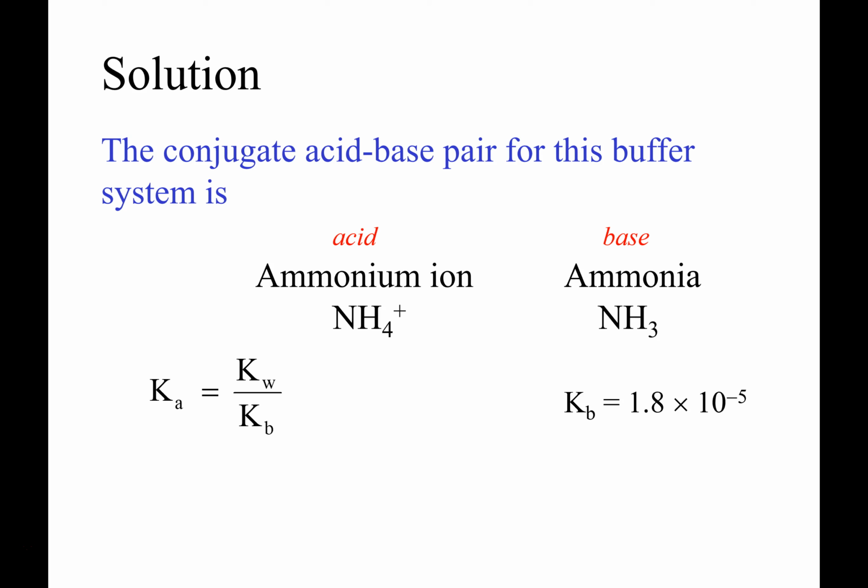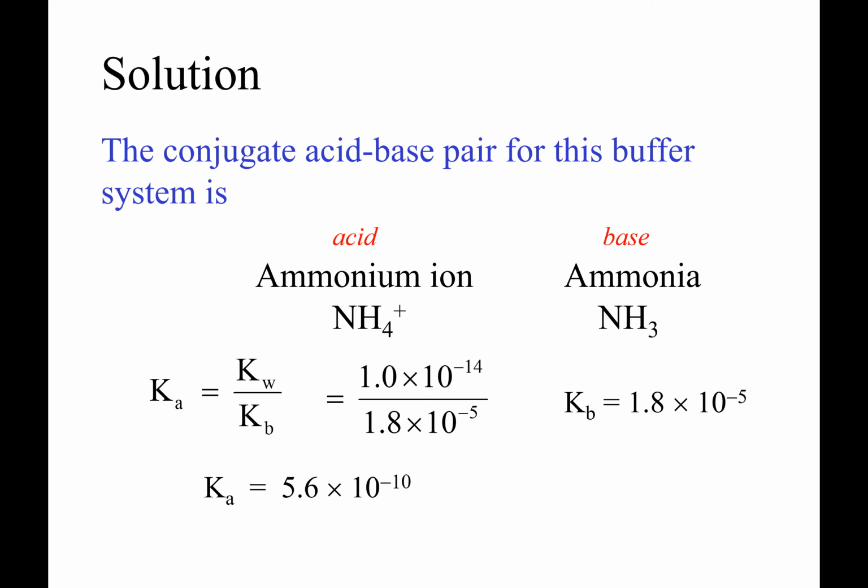We can rearrange that and get Ka is equal to Kw over Kb. Assuming we're dealing with 25 degrees Celsius, the Kw is 1.0 times 10 to the negative 14th, and you will be given the Kb of NH3. This is how we get to the Ka of NH4 plus. With 2 sig figs, our Ka is 5.6 times 10 to the negative 10.